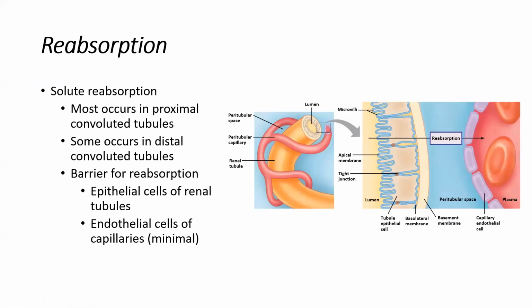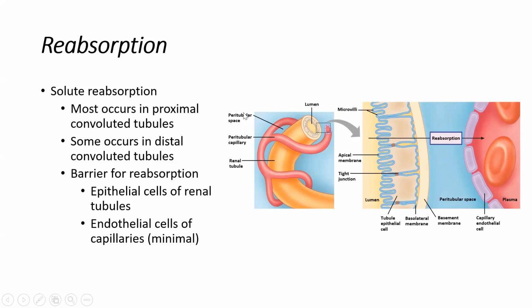Okay, so we're going to move on here to describe the mechanisms of reabsorption. We're going to talk specifically about one ion, sodium, which is the most important, but understand that other ions are being reabsorbed too. And so when we speak about solute reabsorption, we're talking about movement of important solutes from the lumen of the tubular structures, basically the lumen of the nephron, back into the blood.